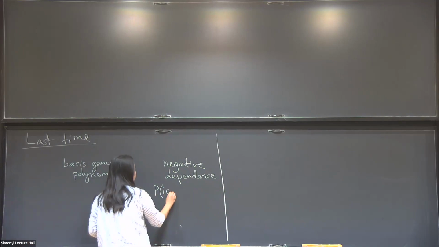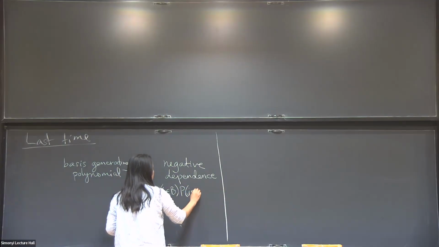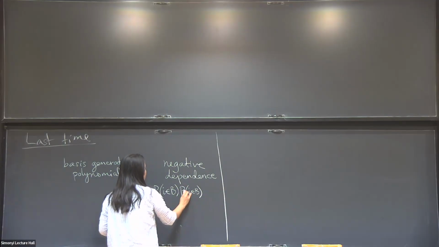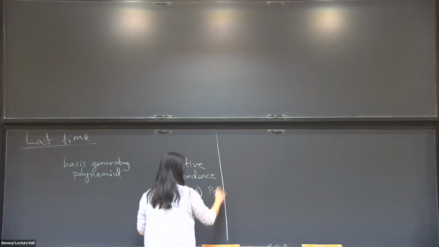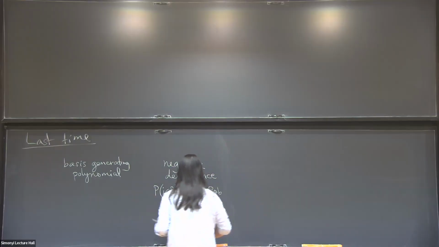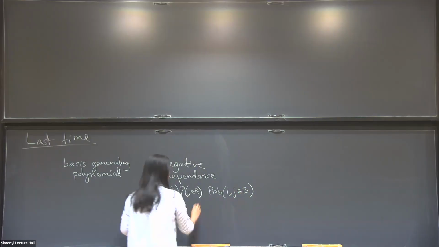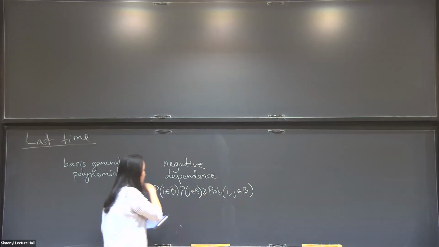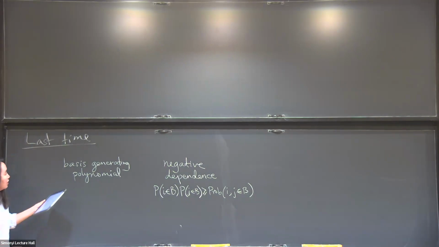Last time I was using it specifically to look at the probability where, in a matroid, you are pulling a basis uniformly at random. So we're comparing the probability that i is in B times the probability that j is in B, with the probability that both i and j are in B. But in the literature, negative dependence means many different things.